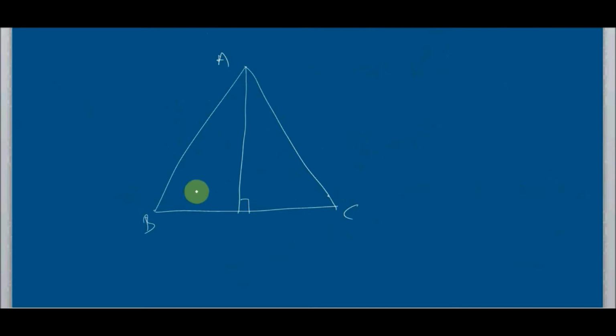Similarly, I draw another line which meets AC at a right angle, and similarly from C, which also meets the side AB of the triangle at a right angle. This point O will be called the orthocenter.